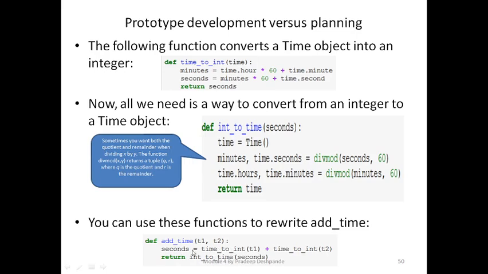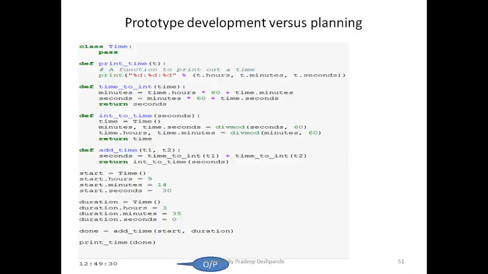So you get the result in terms of seconds, and giving these seconds as input to the int to time function, it is converted back to a time object. So this is prototype development versus planning. This is planning, we say. This is the complete program.